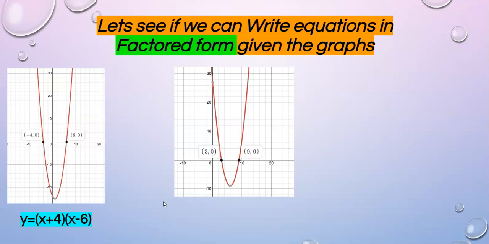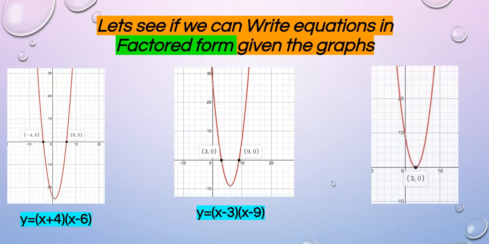So looking at this graph, what do you think my x-intercepts will be? If you said x minus 3 and x minus 9, you were absolutely correct. And lastly, looking at this one, do I have any x-intercepts? Yeah, some of you might have noticed that the x-intercept is also our vertex.